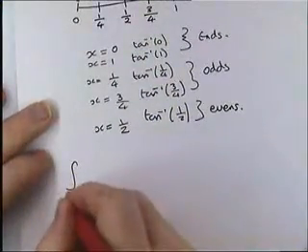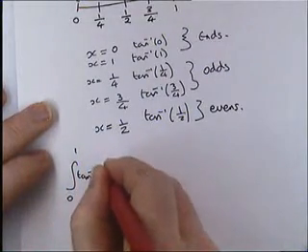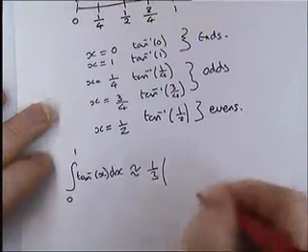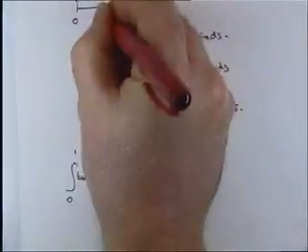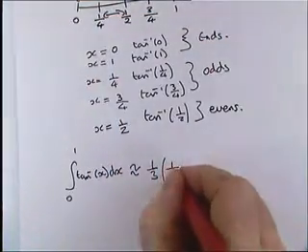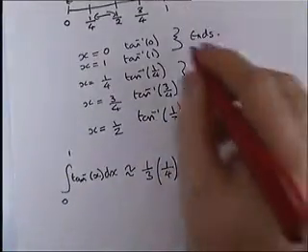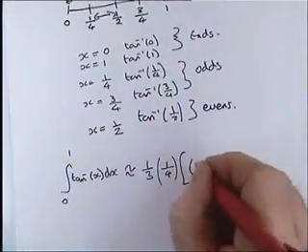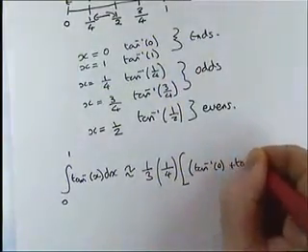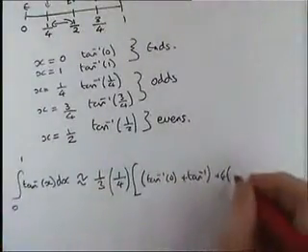So now if we're going to integrate between 0 and 1 of tan to the minus 1 of x dx, that's going to be approximately equal to 1/3 of h. Now h is the width of my interval, which is a quarter, so it's 1/3 of a quarter, and then I'm going to multiply that by the whole of the ends, plus 4 lots of the odds.